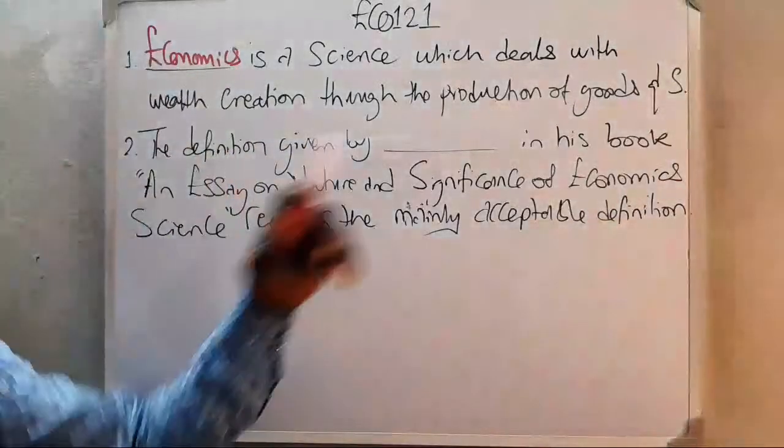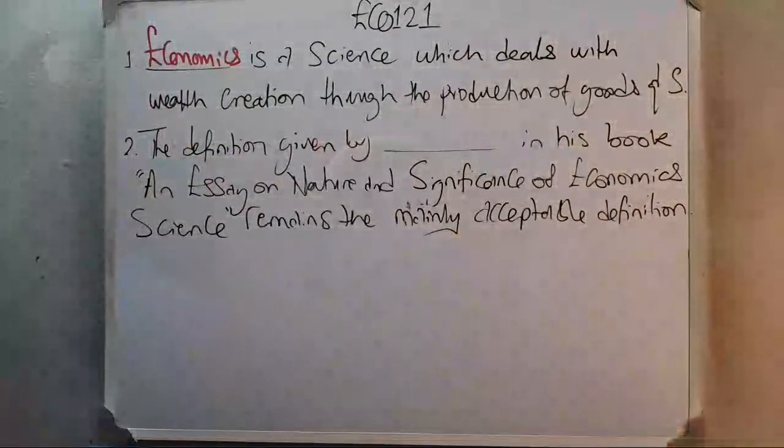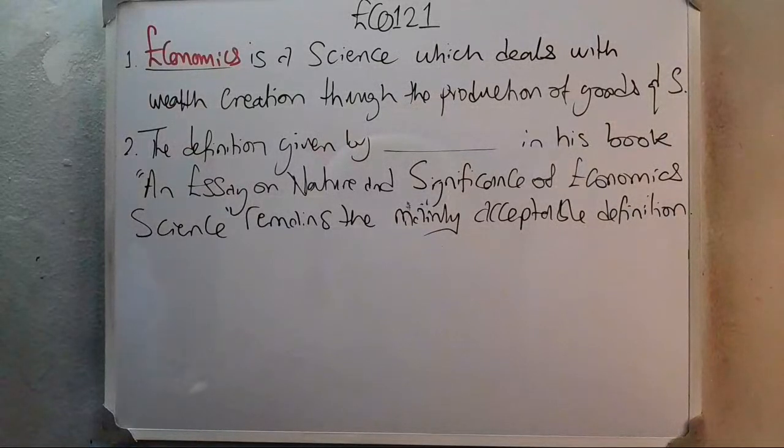So which person's name is to fill this blank? So who's helping us with that? Miss Phoebe says Lionel Robbins. Miss James said Adam Smith. Some persons are saying Lord Robbins, some persons are saying Adam Smith. So now let's find out.